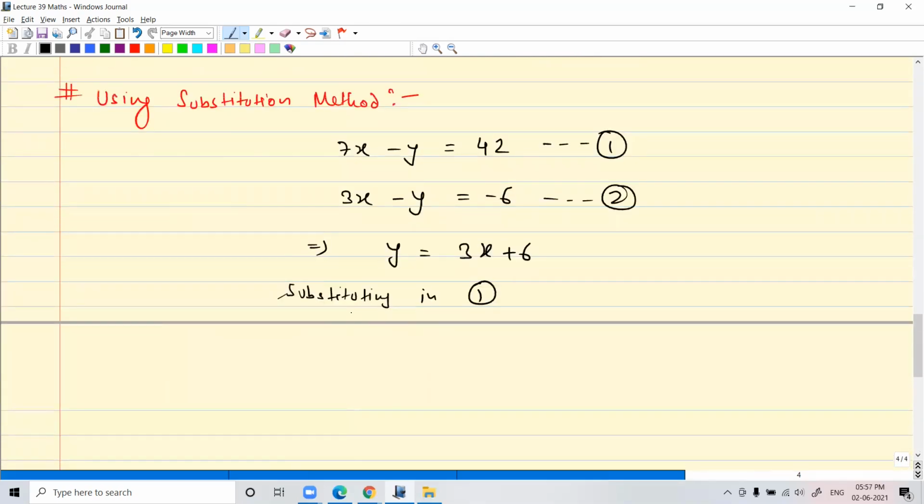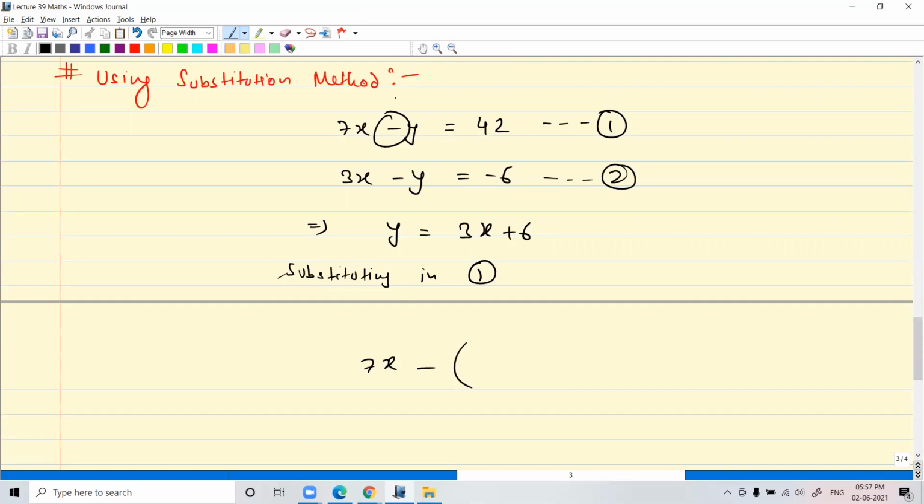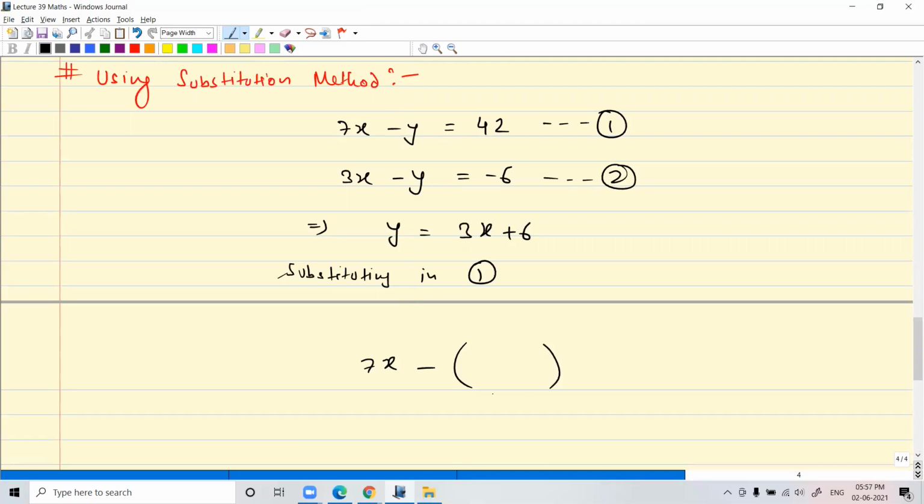So what do we get? In place of y, we need to write 3x plus 6. So the rest of the things will be as they are, that is 7x minus, see, this y value has a minus before it. So this is where you maybe made a mistake, okay? This whole y, whatever it is, you should write it in a bracket, and 3x plus 6 should be written like this. This minus belongs to both of them, not just 3x, okay? Because the whole thing is y, no?